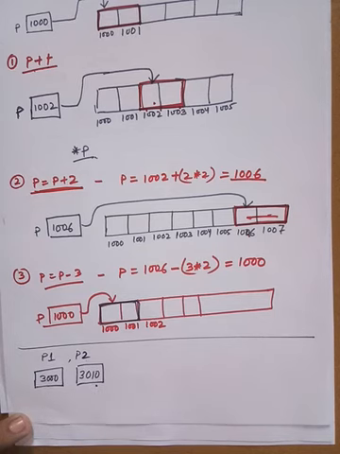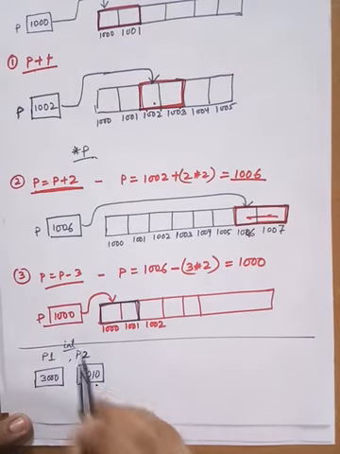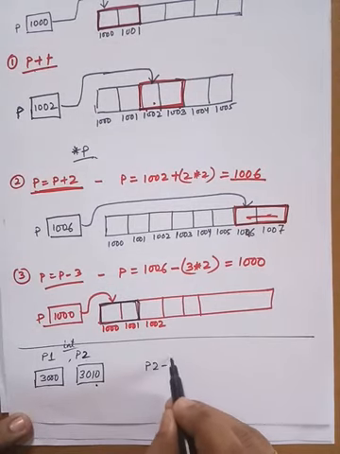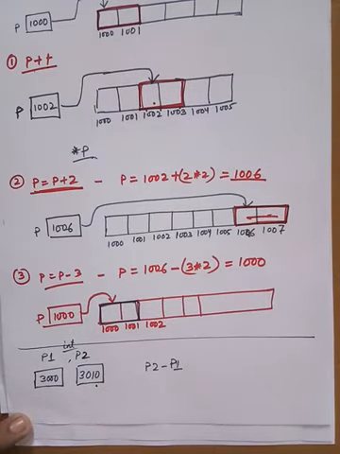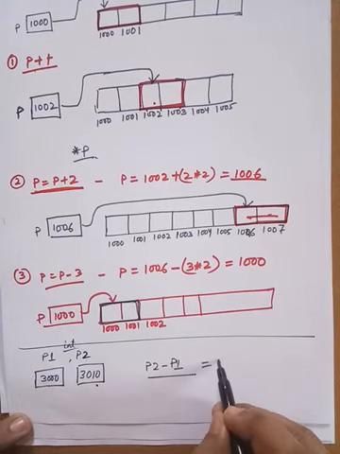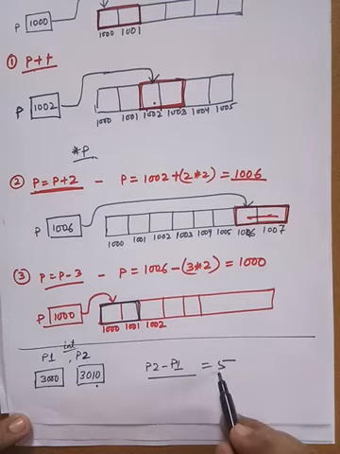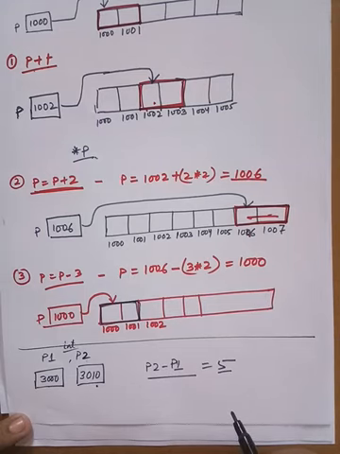If we subtract a pointer from another pointer of the same base type, here suppose integer, then p2 minus p1 will give the value 5, because the size of integer is 2.